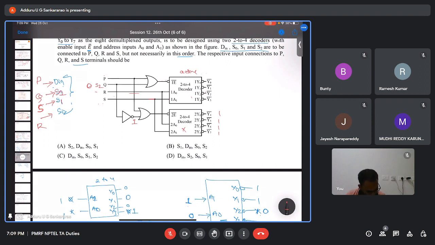Now let us say P is the data. Let us say R and S I am giving 0 and 1. Now R0 S1 means A naught and A1 become 0 and 1. For the first decoder 0 and 1 are the inputs. Based on that, Y2 should be active and all others will be inactive.